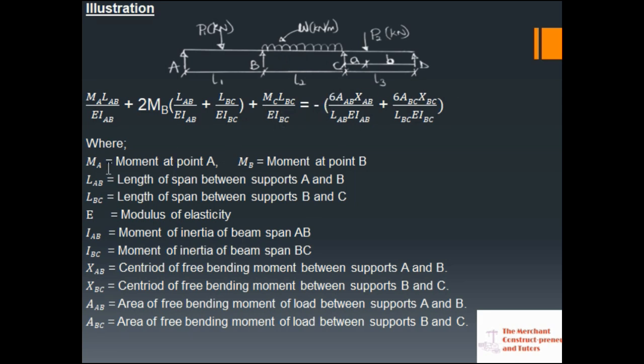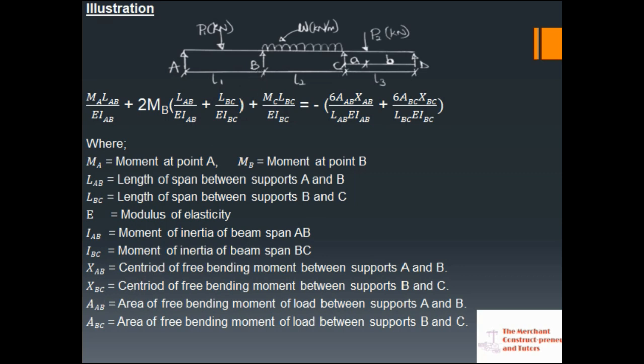Where each of these items is represented: MA is the moment at point A, MB is the moment at point B, LAB is the length of the span between supports A and B, and LBC is the same thing between supports B and C. E is the modulus of elasticity, I is the moment of inertia of span AB, X is the centroid of the free bending moment between supports AB.